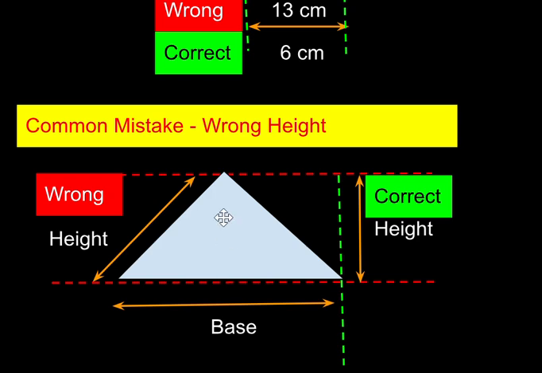And because they cannot find the height, or the height may not be given, and usually one side of the triangle is given, they tend to use this as the height, which is wrong. The height for the area of a triangle has to be perpendicular to the base. So in this case, it should be this way and not the side way. So this is another common mistake made by students.